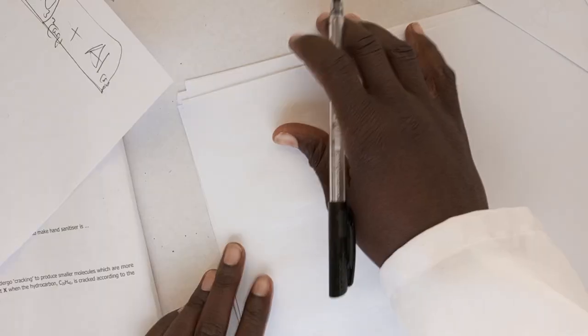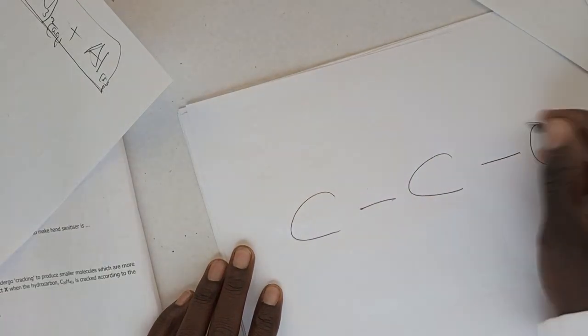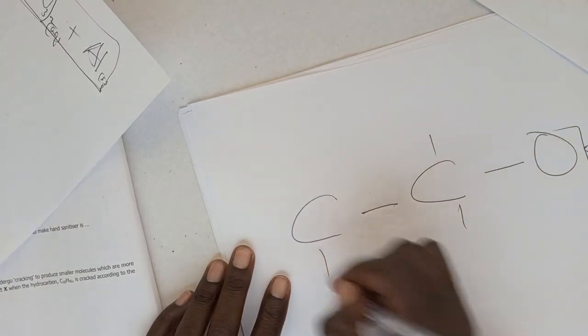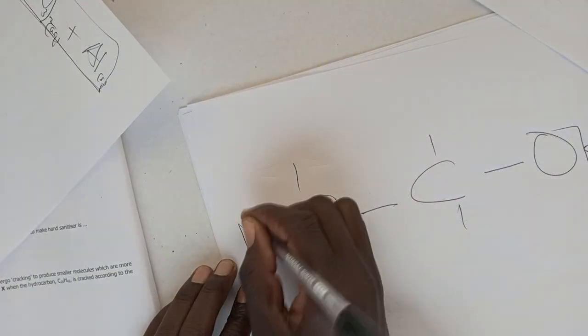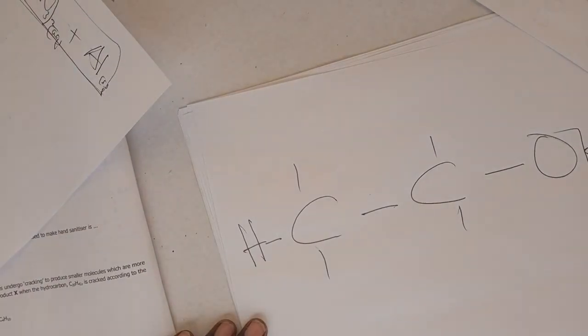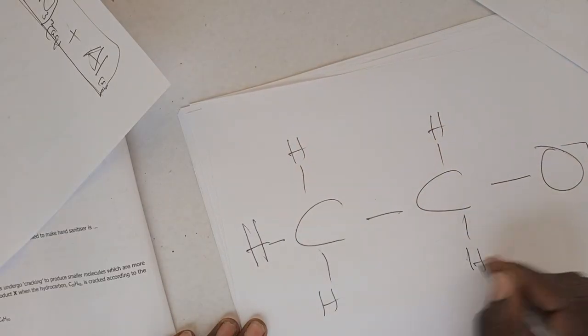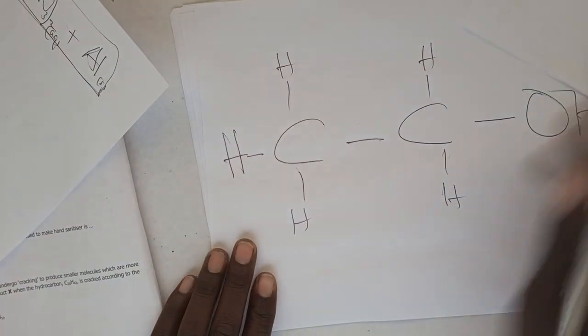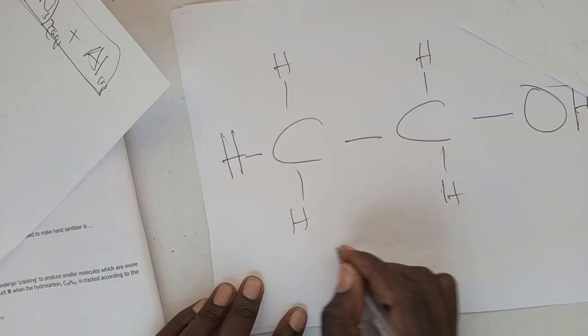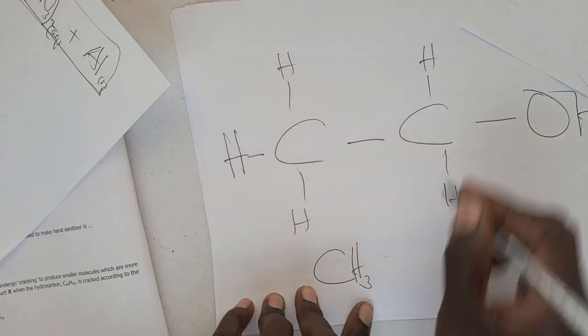Condensed formula, meaning that when you go to its structural formula, you have the carbon, the OH, and then you have the hydrogen like that. Okay, and then you have H. So the condensed formula basically means that you are going to write this carbon with the 3 hydrogen atoms bonded to it.